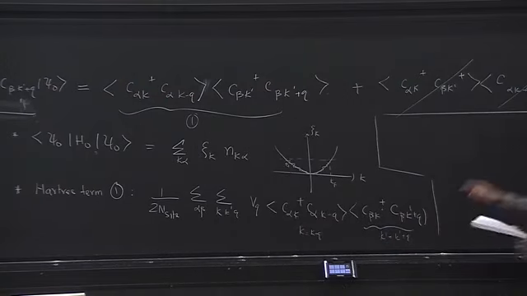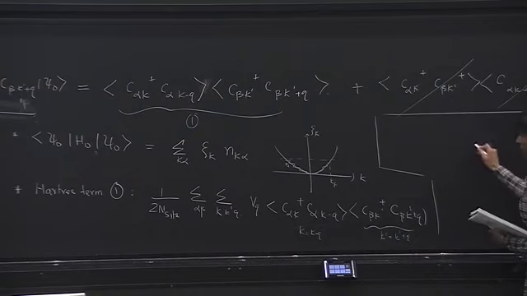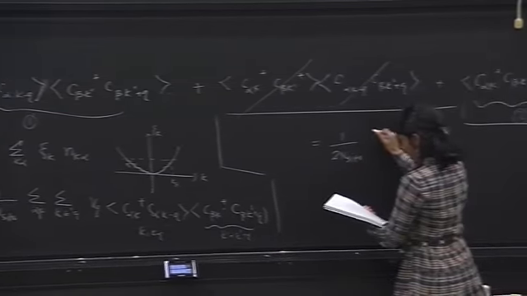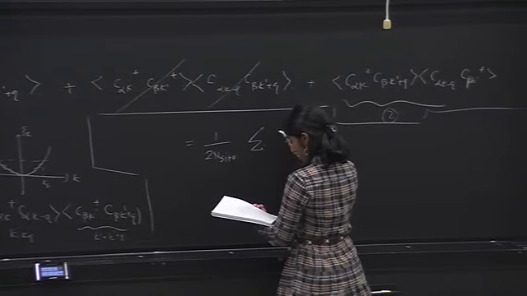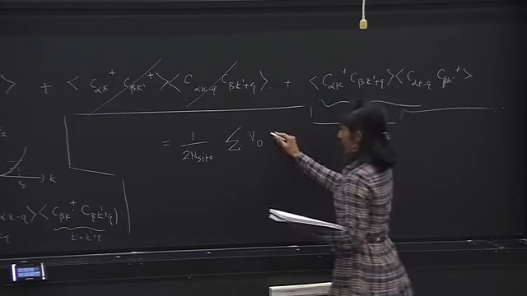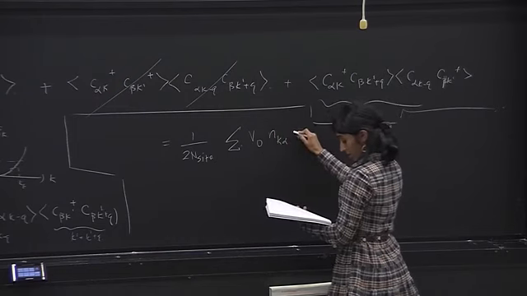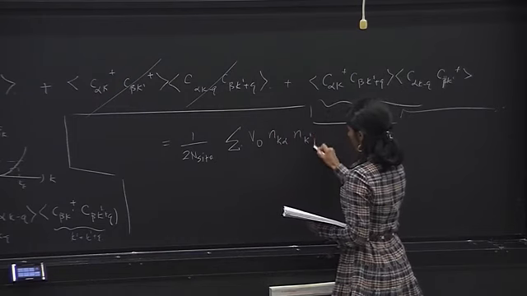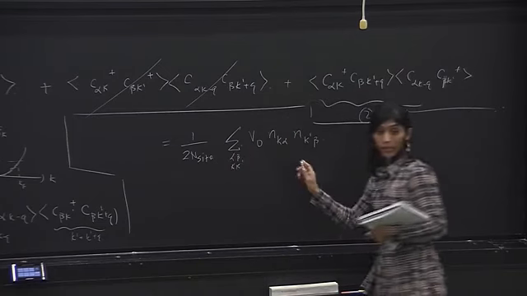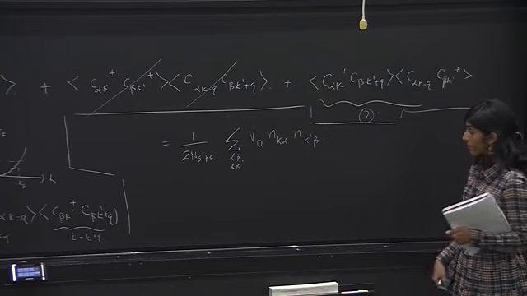Okay, so the only non-zero part to that sum comes from the sum over k alpha and k prime alpha prime, V_Q with Q set equal to 0, n_k alpha, n_k prime alpha prime.